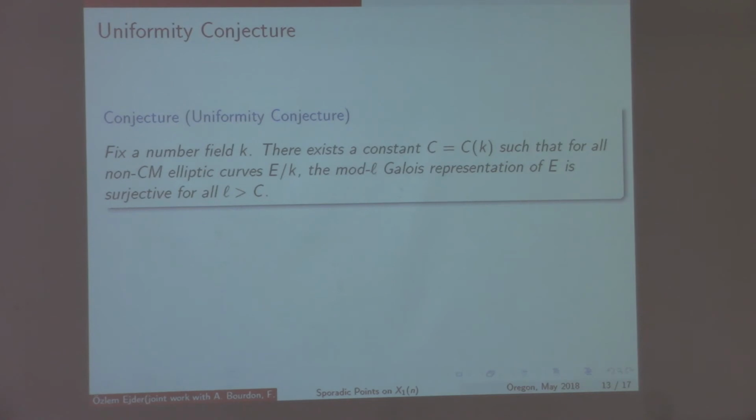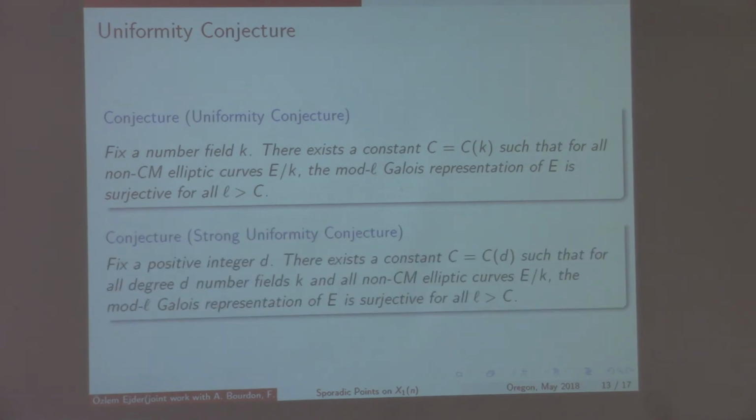This is called Serre's uniformity conjecture, that if you fix a number field K, then there exists a constant only depending on this number field, so that for every non-CM elliptic curve, the mod l representation will be surjective after this bound C. And you can also formulate a stronger version of this, that this constant only depends on the degree of the number field, not the number field itself.